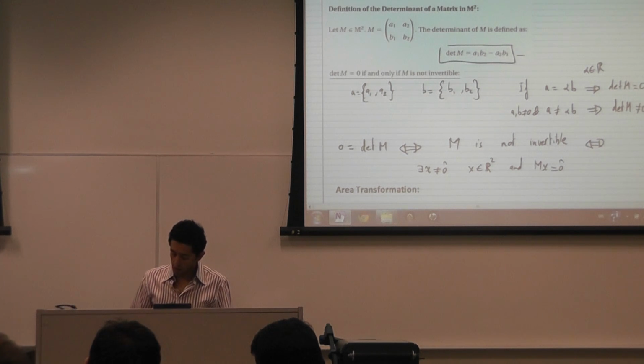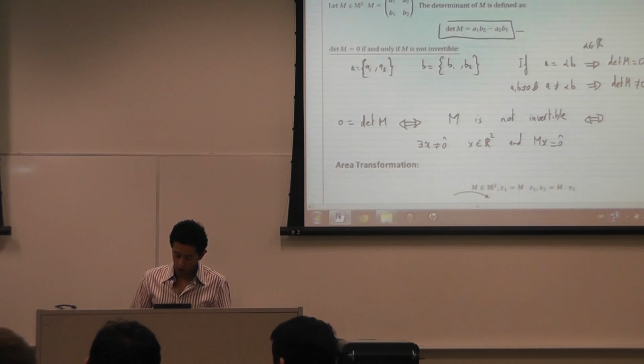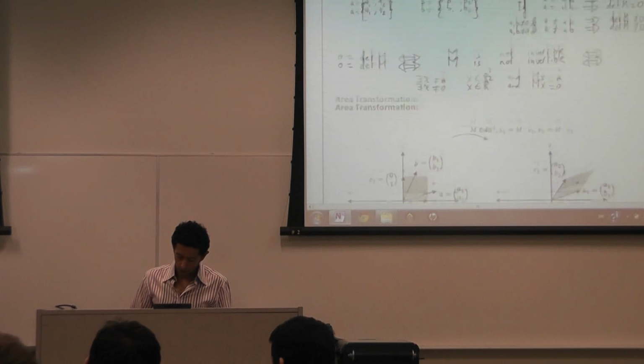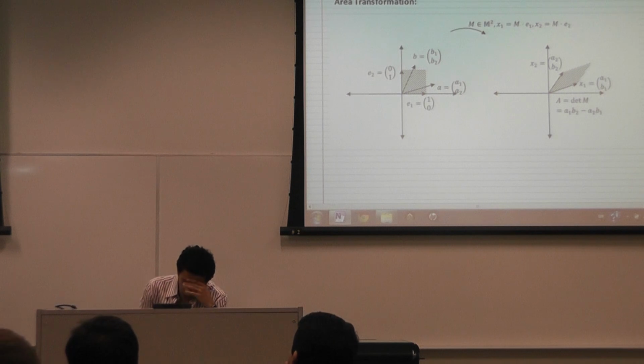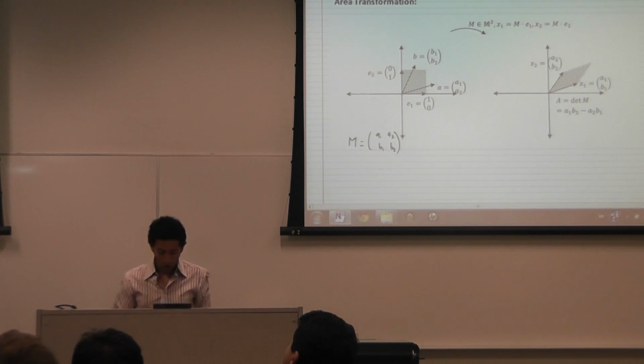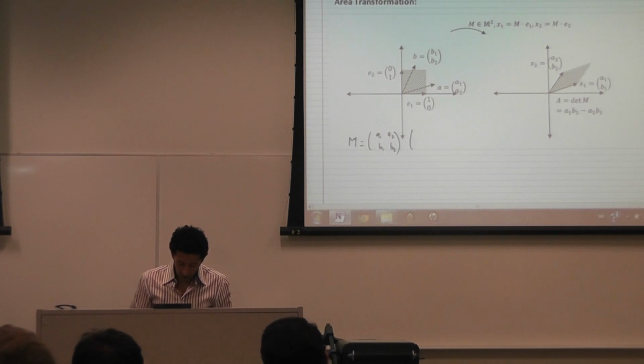So graphically, this determinant also has a function. This function is as follows. M is made out of the vectors A and B. When I multiply M by 1, 0, I get A1, B1.